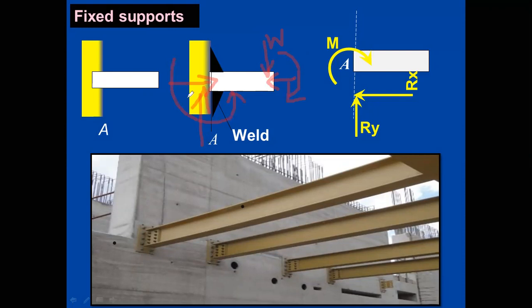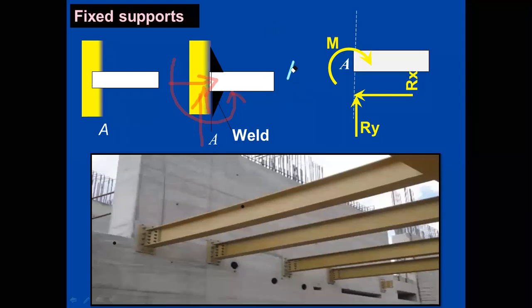There is one more resistance moment developed in the support. So whenever we talk about a fixed support, we should always remember that there is a presence of a vertical reaction, a horizontal reaction, along with a resistance against the moment.